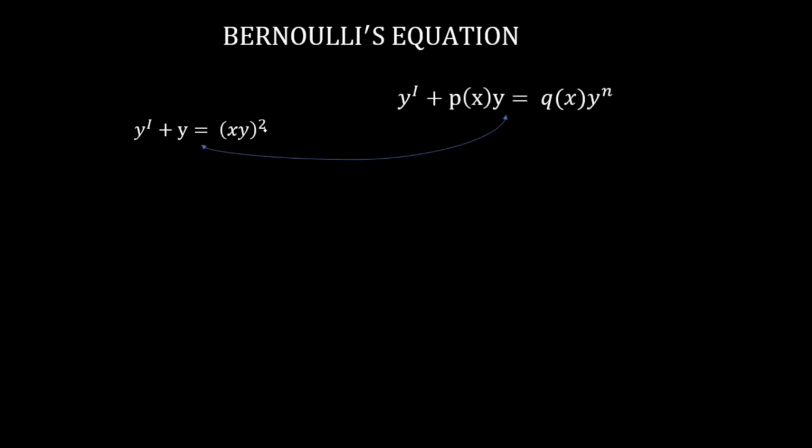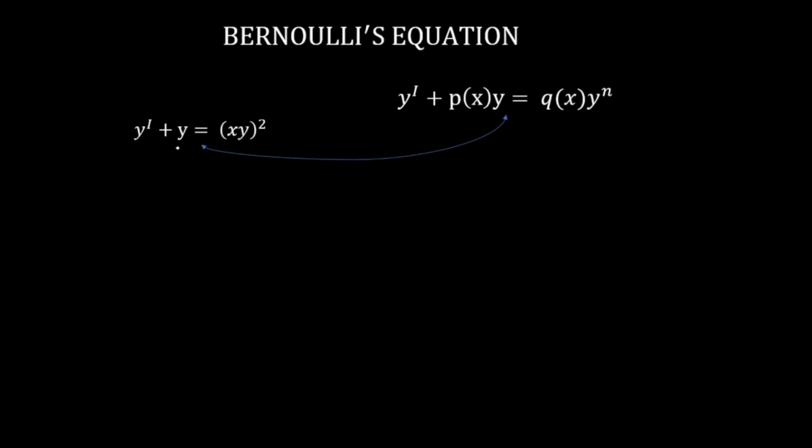This is the Bernoulli's equation, which is always represented this way. We need to change it into linear form. After changing to linear form, we continue solving, find the integrating factor, multiply through, integrate, and get our general solution.